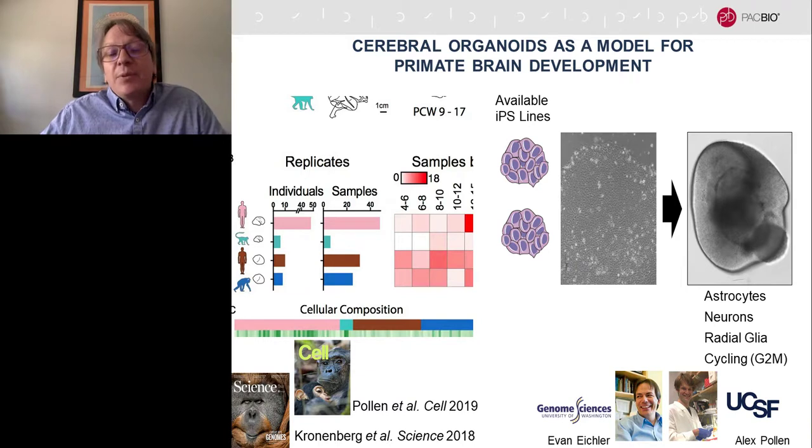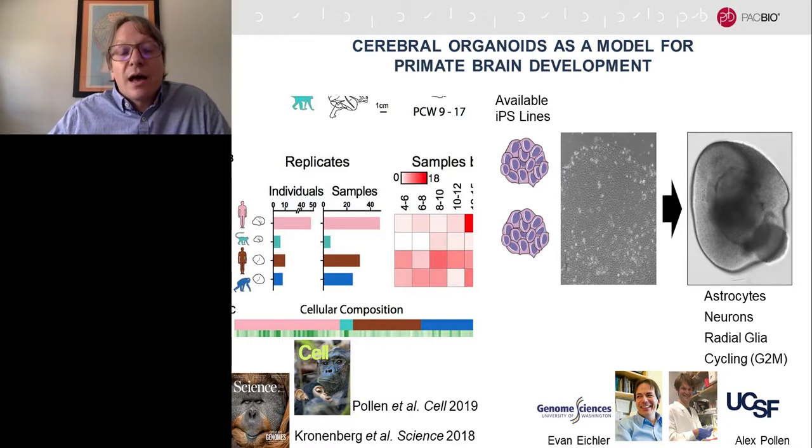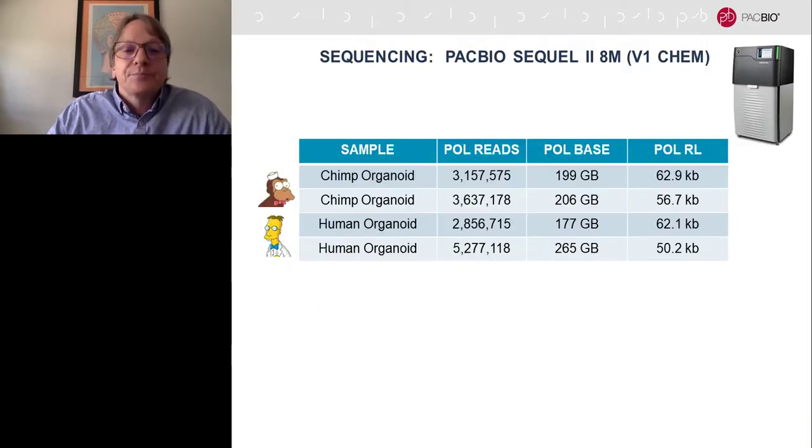This is where you take iPS cells and push them towards neural fates in a dish, and then we could dissociate these and assay them to do single cell Iso-Seq and short reads. This was a follow-on to the ape genome work by Kronenberg et al., and then Alex Pollen's work to establish cerebral organoids as a model for ape brain development.